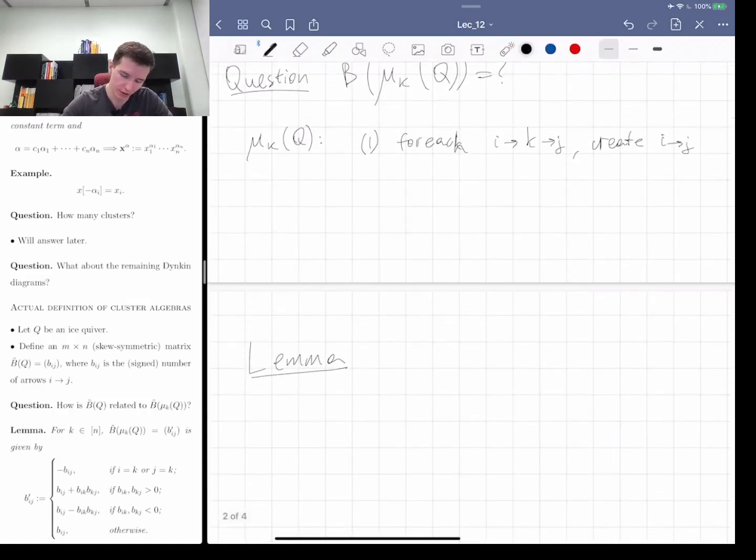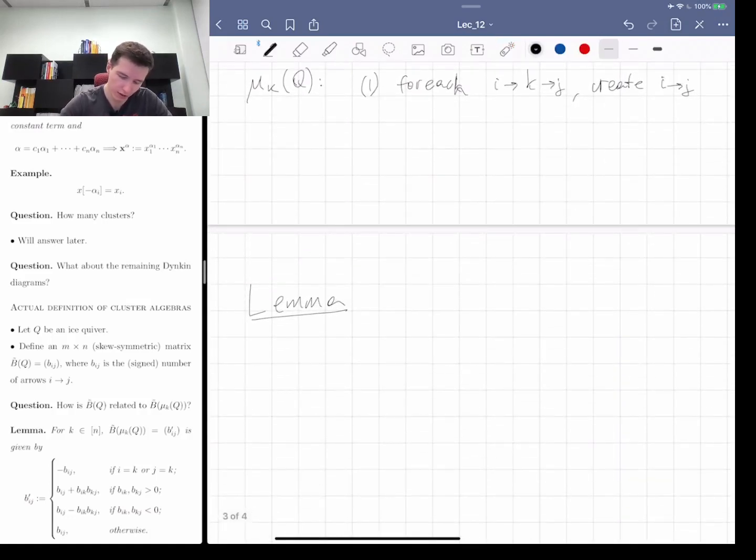So let me just write down the B tilde matrix of a mutated quiver. So if I denote these new entries by B prime ij, then they're given by B prime ij. There's many ways to write down the matrix mutation, but this is the one that's easy to remember.